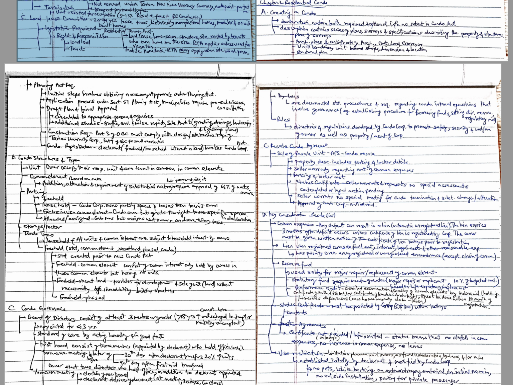There are a bunch of Planning Act requirements. Essentially, the initial step involves obtaining necessary approvals under the Planning Act, and the application process under Section 51 of the Planning Act requires the municipalities to submit a pre-submission consultation, and once that is done, then there is the notion of a draft plan and the final approval.